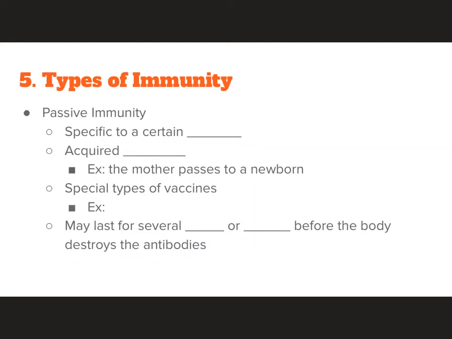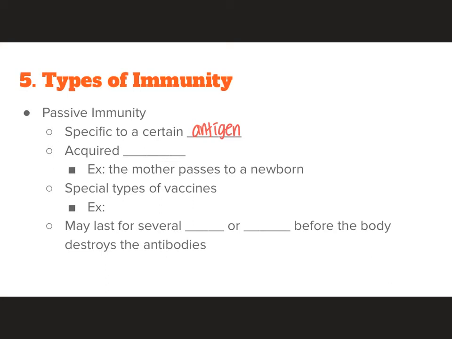Now we're going to look into passive immunity, which is the last one of the types of immunity, and it's going to work with specific types of antigen. Now we previously talked about how an antigen is like a marker or a sticker to identify a certain type of pathogen, if they're good or bad, and they're produced by B cells.